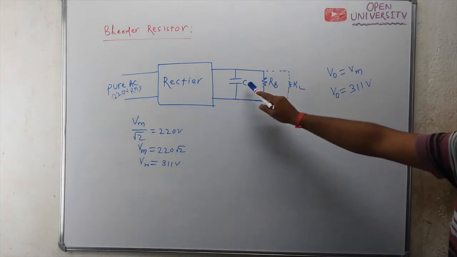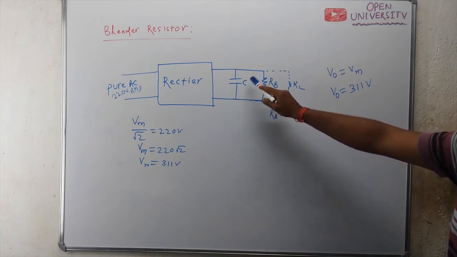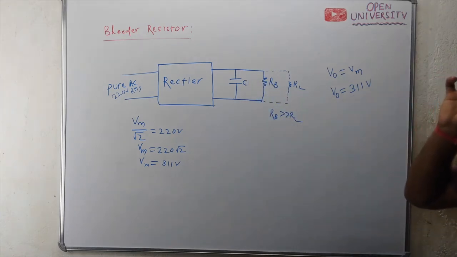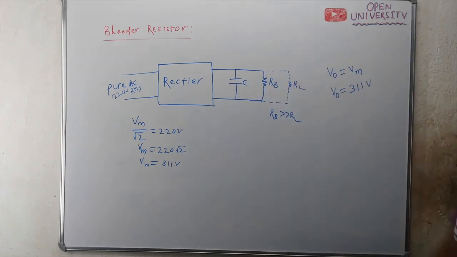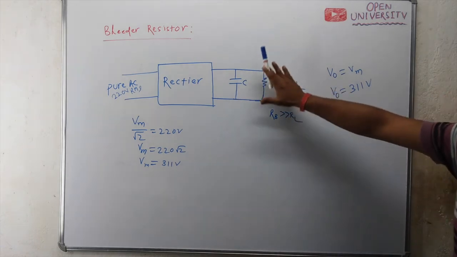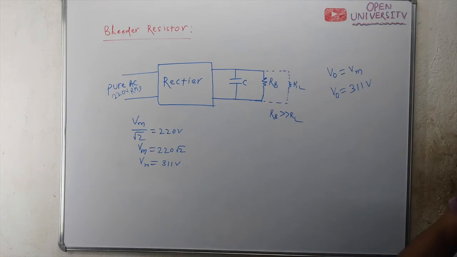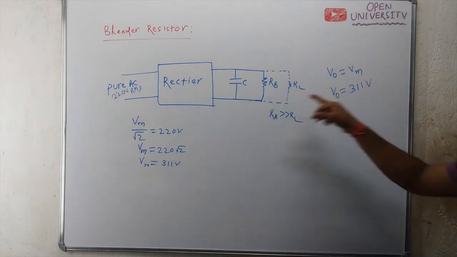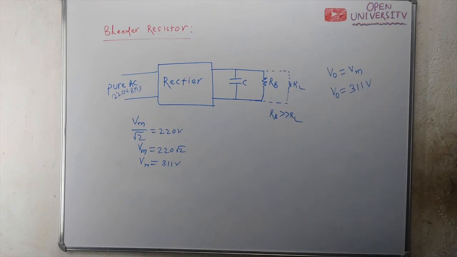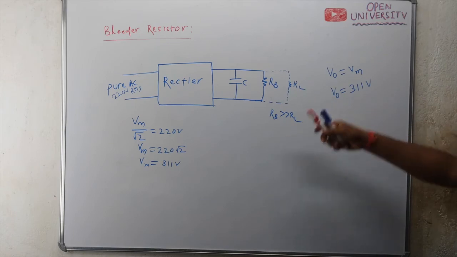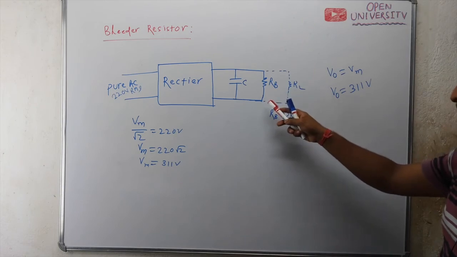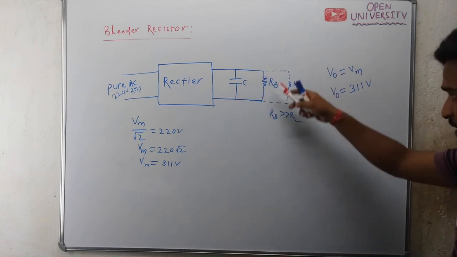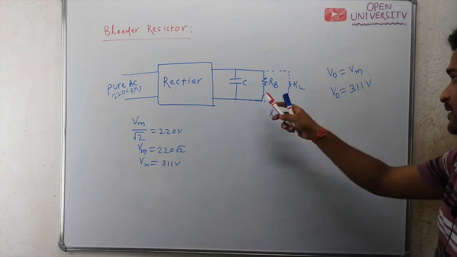That is nothing but the voltage across capacitor. If this much voltage is present across the capacitor, since there is no discharge path connected, suppose you do not connect RB, what will happen? This much high voltage may result in electrical shock. So to prevent electrical shock, you have to connect a very large value of resistance, so that the capacitor can discharge through RB, the bleeder resistance.